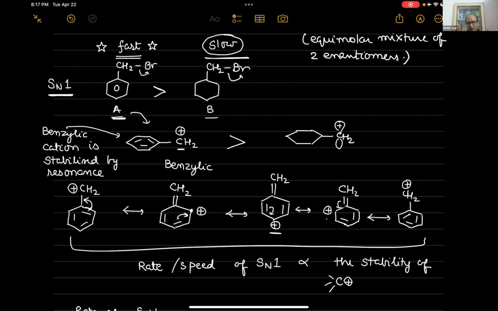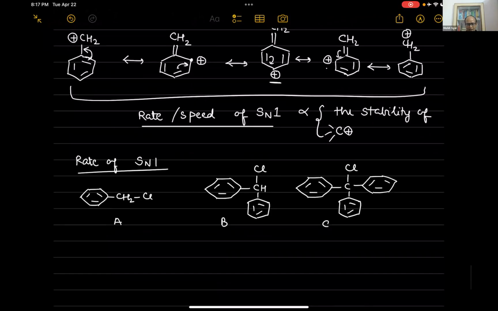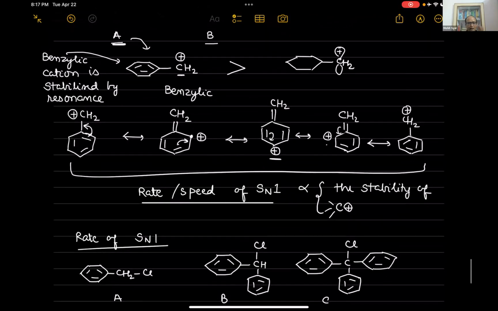And wherever the carbocation is stable, it can form very easily, and the reaction is going to be very fast. So what I told Jasleen and Ibrahim is that the rate of SN1 is directly proportional to the stability of carbocation. Okay, so I was asking, this is benzene, and how can a benzene stabilize a cation?